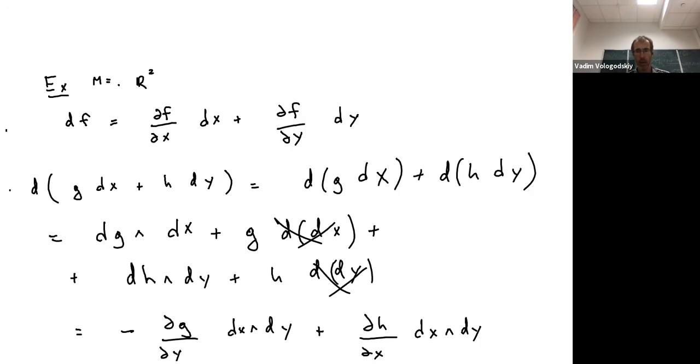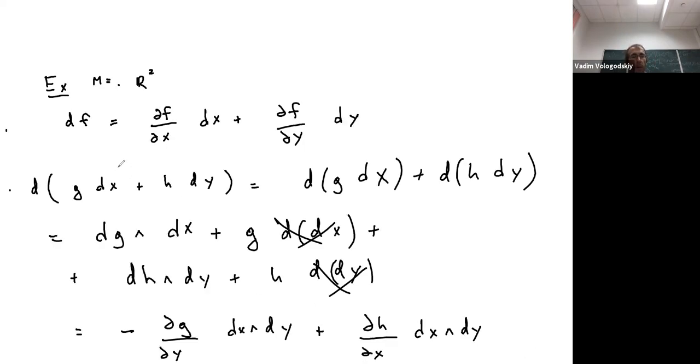This is equal to dh dx minus dg dy multiplied by dx dy. So that's how you compute the exterior derivative, the Duran differential of a form.